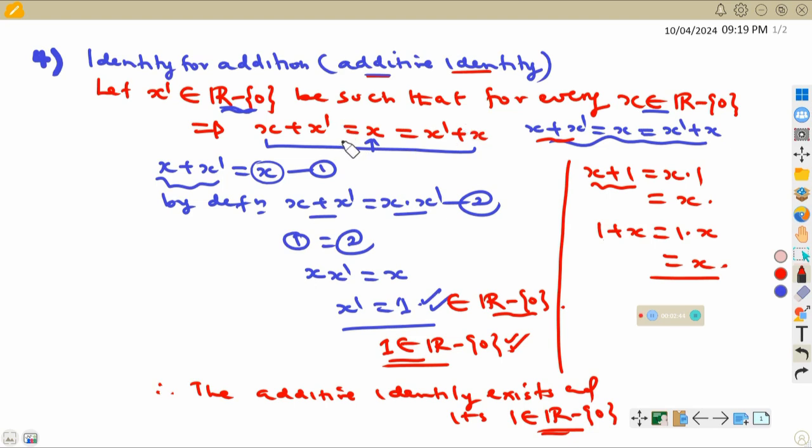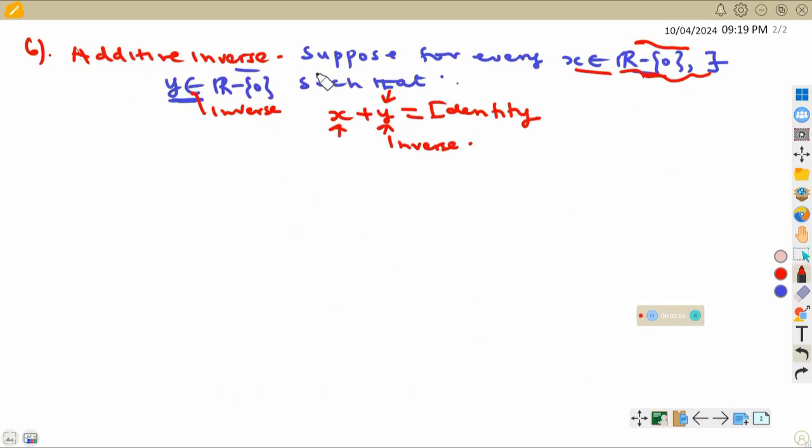For this case, we have seen that 1 is our additive identity. So we want to look at the additive inverse. We are saying that for the additive inverse, it should satisfy the property that when you get any element from this given set and add the additive inverse, it should give you the identity.